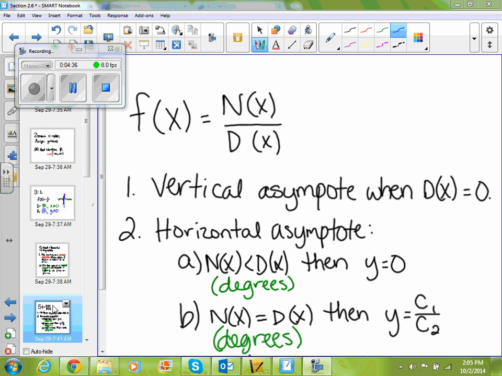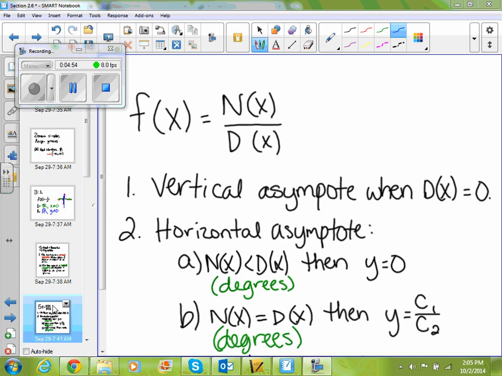Okay? We know that part b of that, if your degree of n of x is equal to your degree of d of x, then you have a horizontal asymptote at your constant of your first function divided by the constant of your second function.